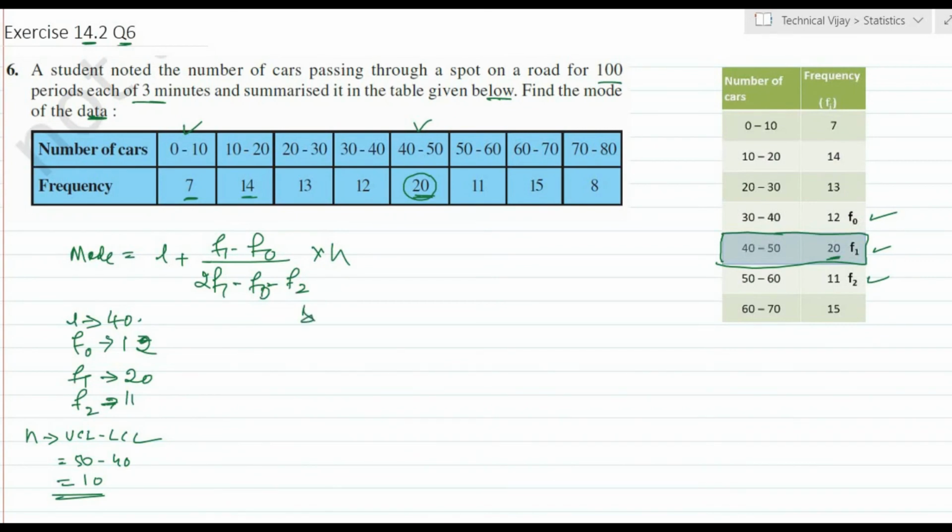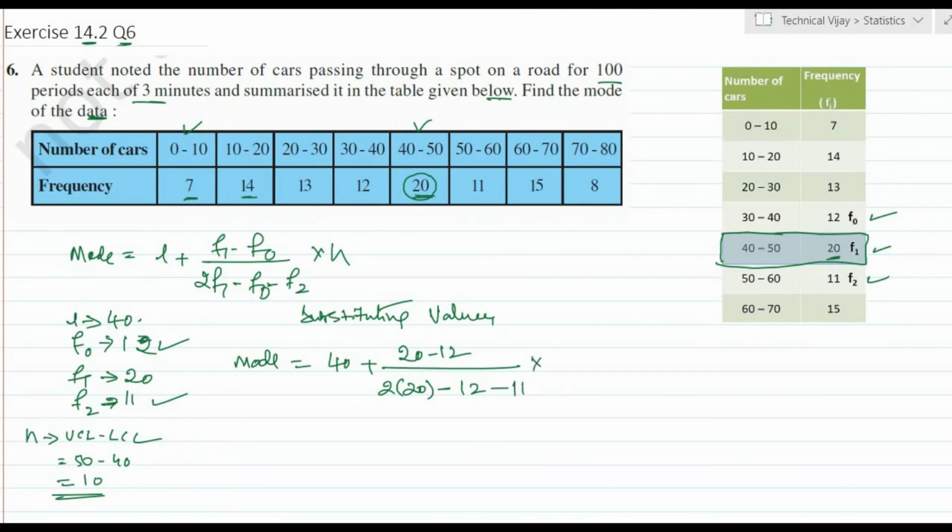Substituting values, mode is equal to L, here 40, plus F1 minus F0, that is 20 minus 12, divided by 2 into 20 minus 12 minus 11, into H, that is 10. That is 40 plus 8 divided by 40 minus 23, into 10.